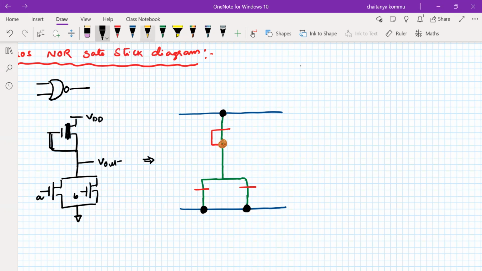I have to extend this diffusion line as V out, and these are the A signal and this is called D signal. That's it. And I have to show the crossbar for diffusions, sorry, substrates.